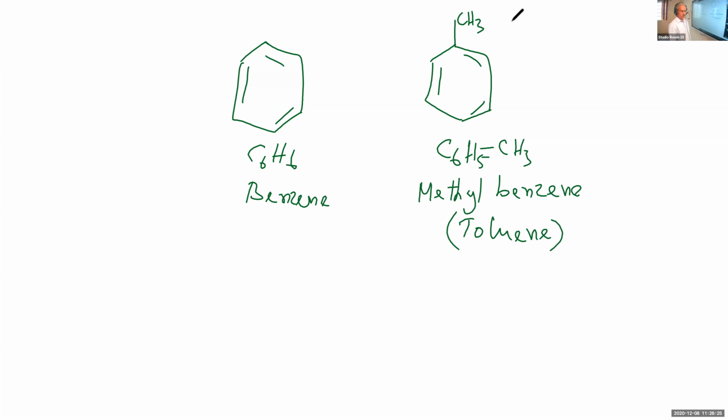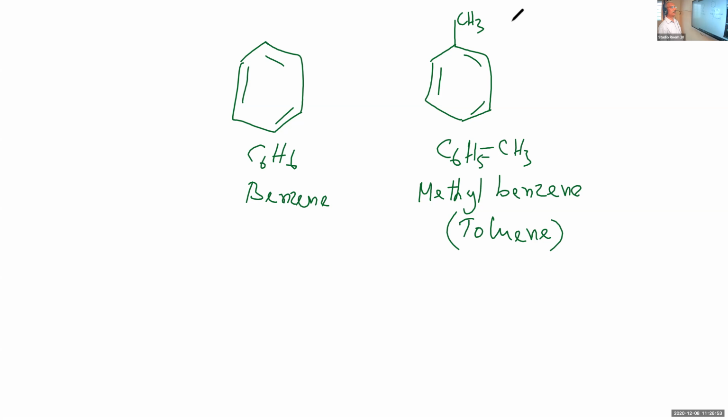If there is only one ring like this, then it is called a mononuclear or uninuclear compound. There is only one nucleus. Nucleus means the ring; in the aromatic system, the ring is known as the nucleus of the compound.